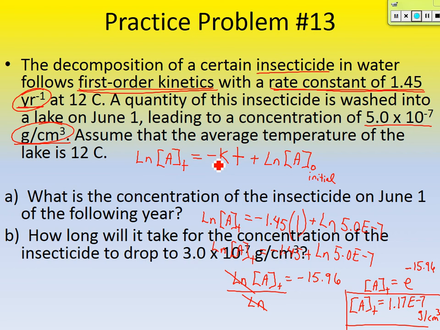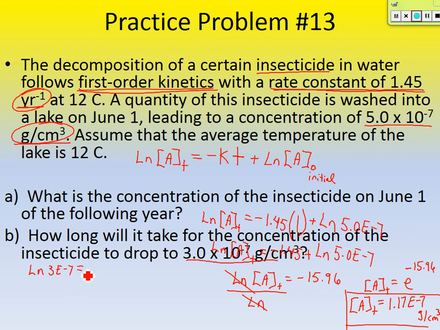Okay, I'm going to write small and try to do it over here. So again, we're using this equation, the natural log. What was the final concentration? Yeah, 3 times 10 to the minus 7th.